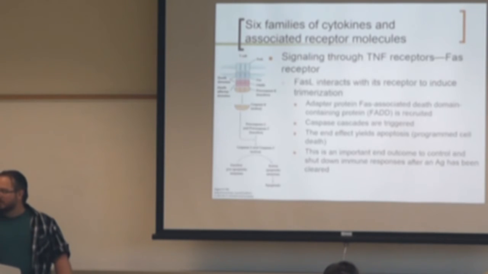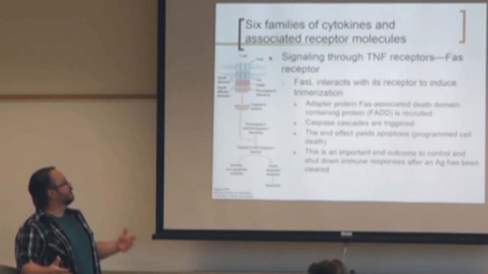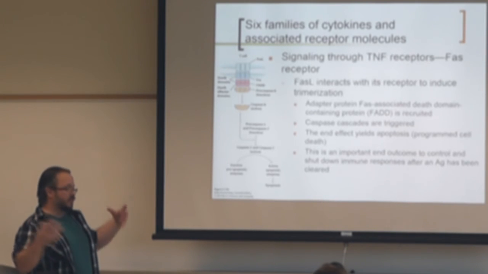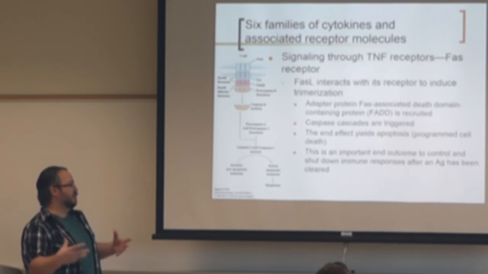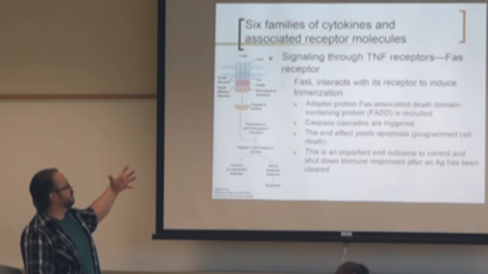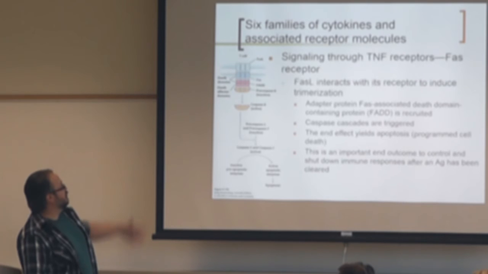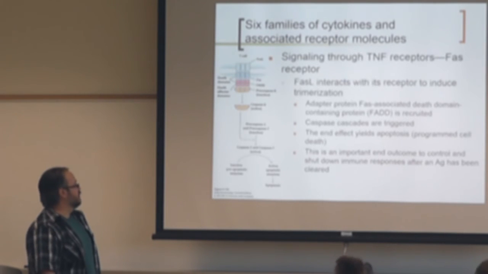For example, signaling through the Fas receptor. We've got our Fas ligand on T cells that binds to Fas on a cell it's going to target for death. This is one of the mechanisms by which they believe T cells can specifically kill. An epithelial cell, for example, that's infected with a virus has this Fas receptor, and it will bind and signal through there to induce apoptosis.